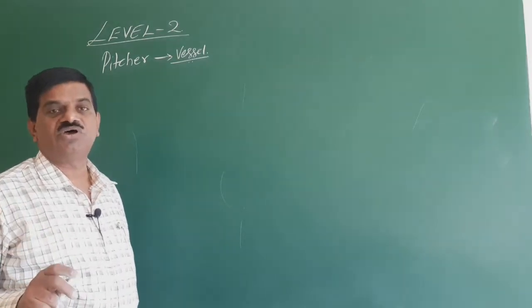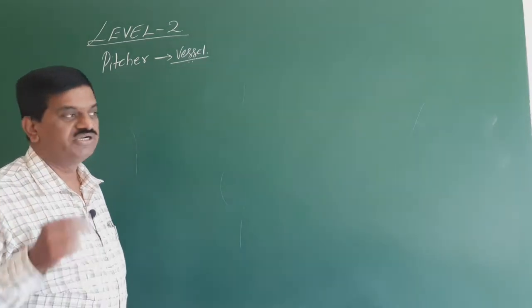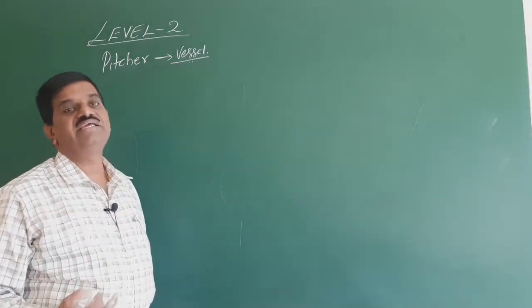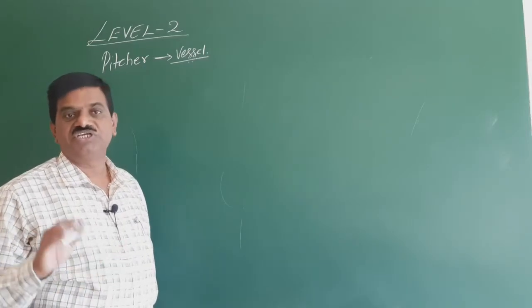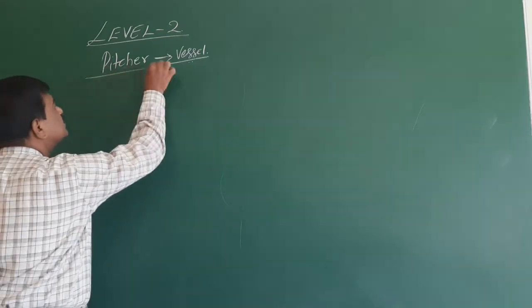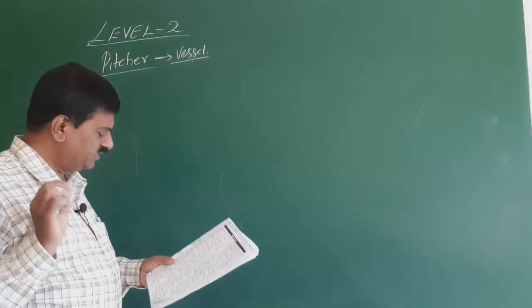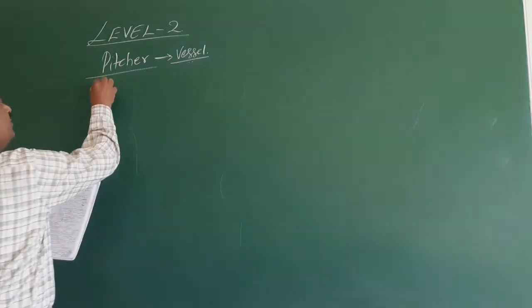When there is a deficiency of nitrogen, they capture the insects and eat them to compensate for the nitrogen balance. One of these is called pitcher plant Nepenthes. So we go for the options.